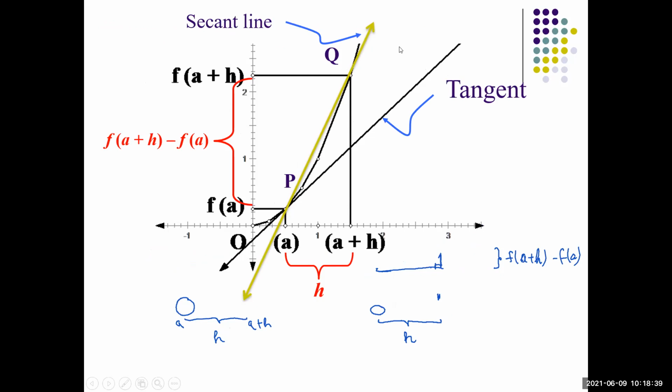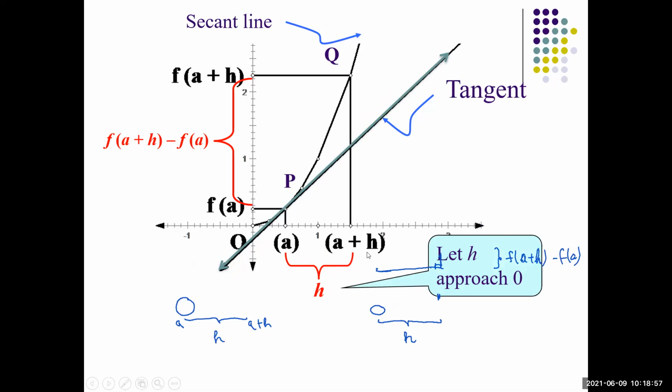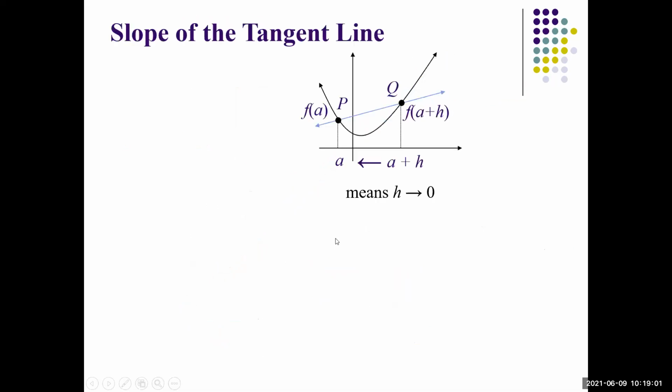Now, if you let this approach, getting closer and closer, then Q is getting closer and closer to P, and that means h is going to approach 0. So we let h approach 0.